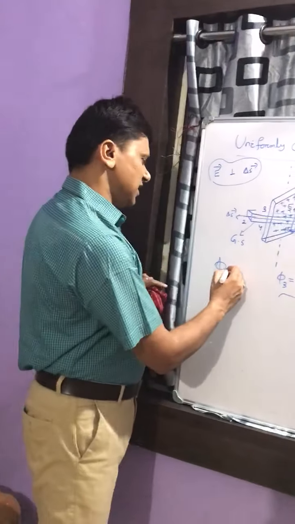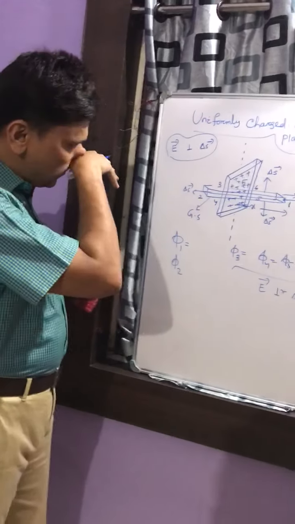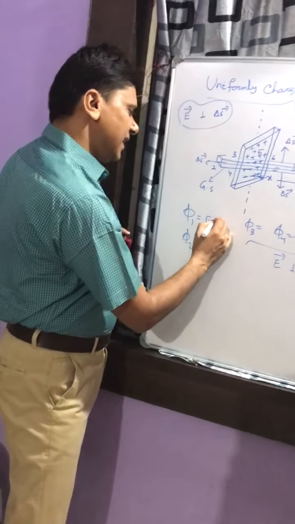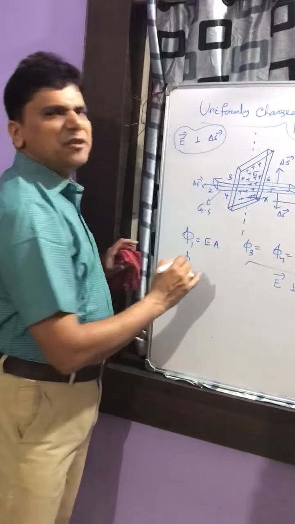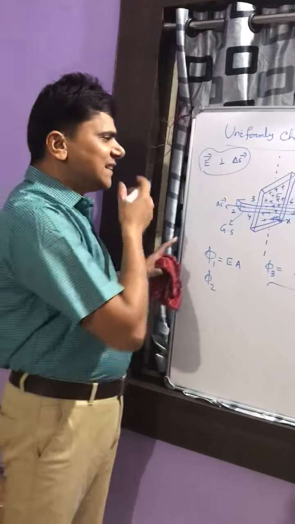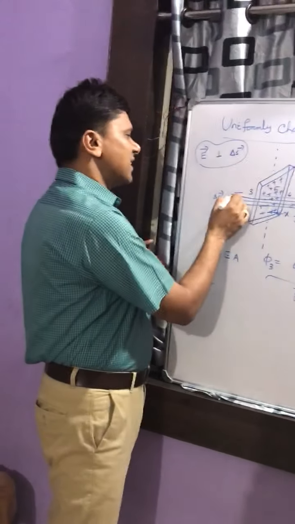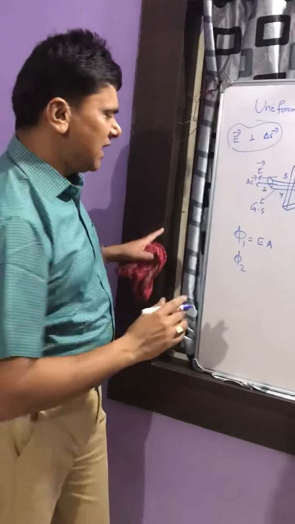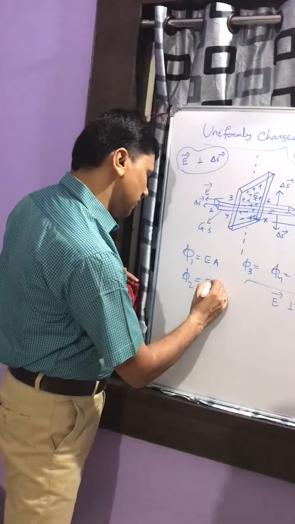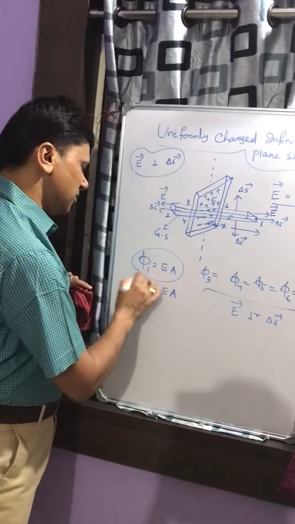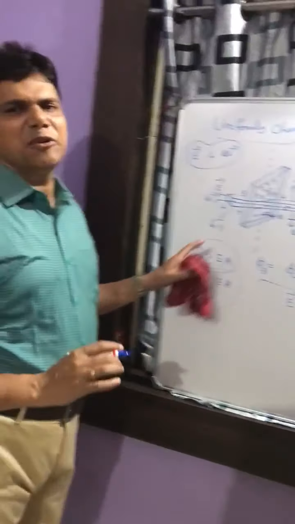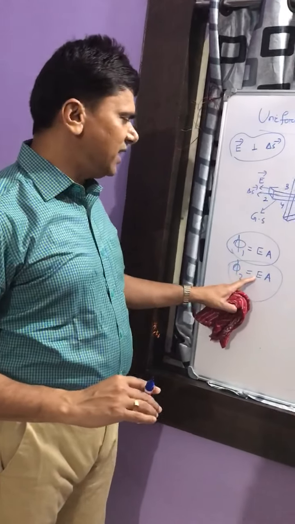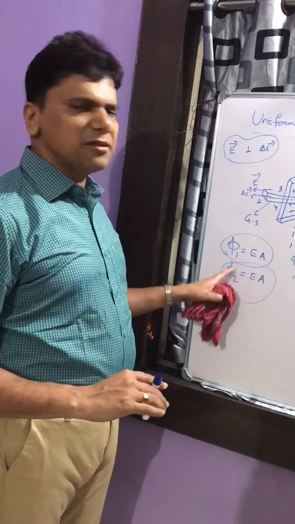Only in these 2 cases the flux will be simply E into A, or E into S if you have taken the surface area to be S, because here the electric field and delta S are parallel.